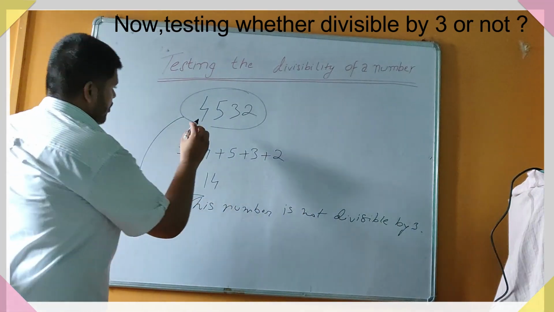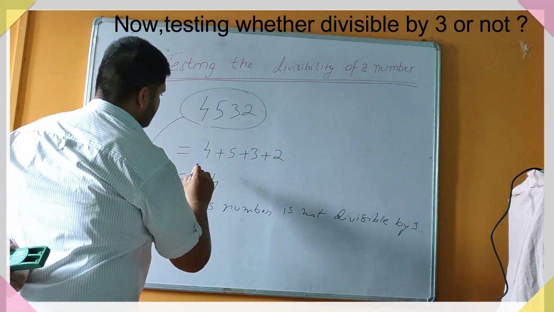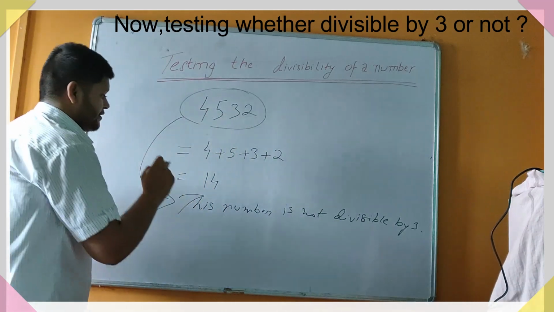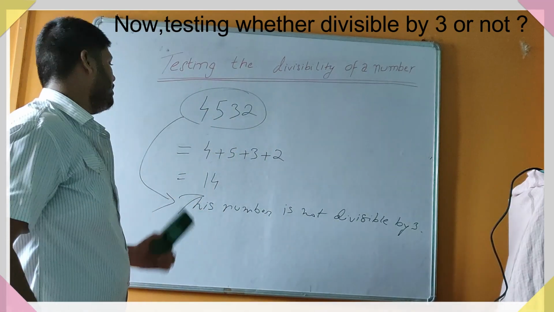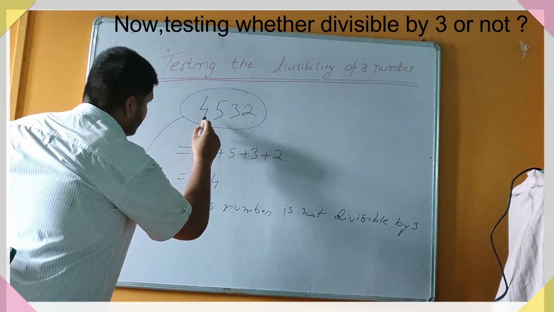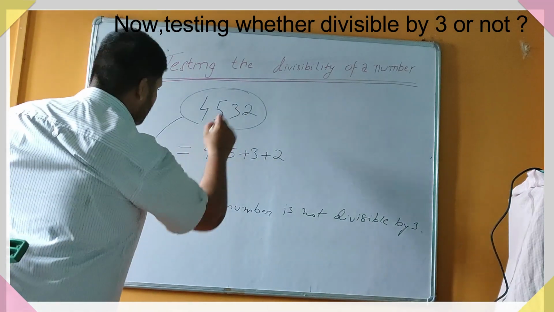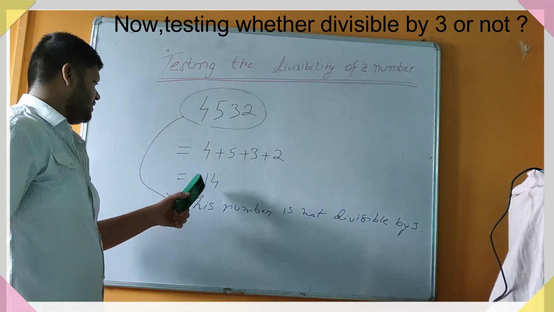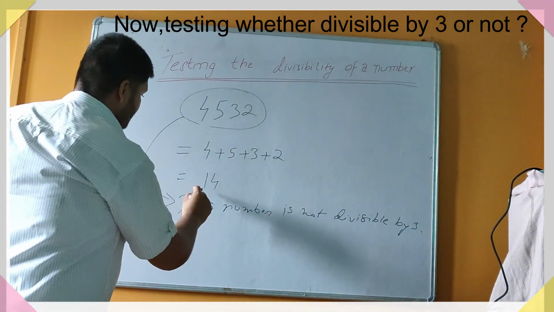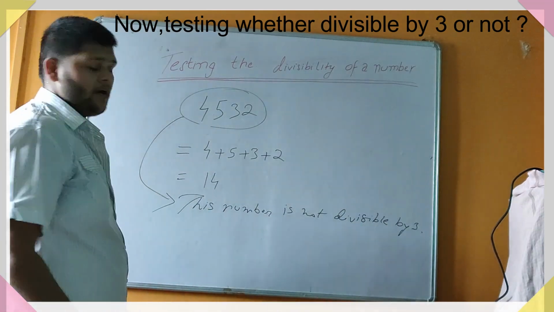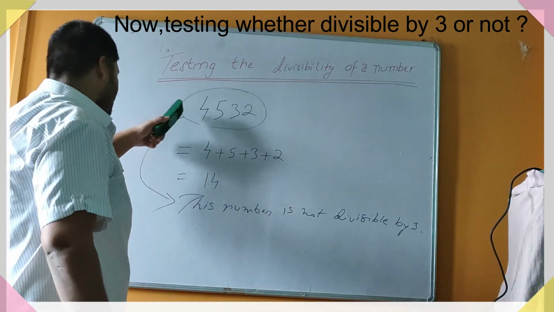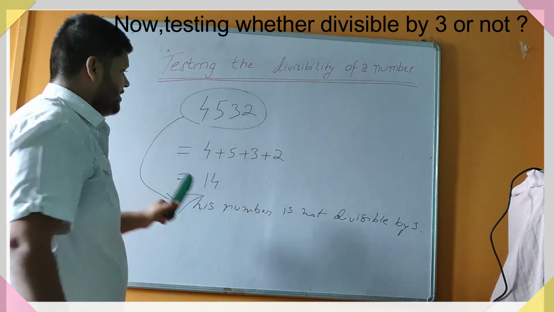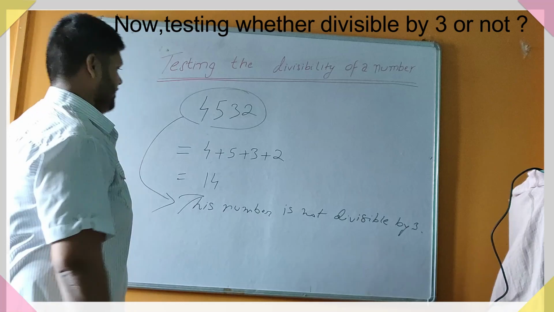Why? Because on adding all the digits, the result must fall under the multiples of 3. When we add all the digits in this number, we get 14, and this 14 does not come in the table of 3. That is why we can conclude this whole number is not divisible by 3.